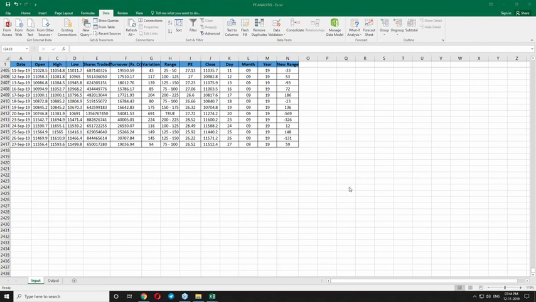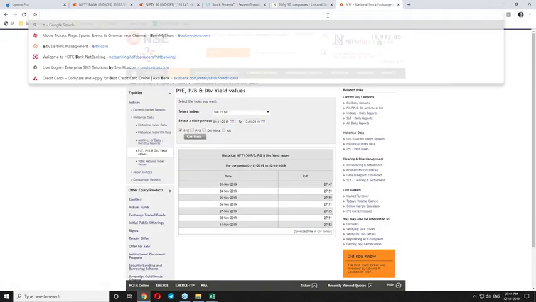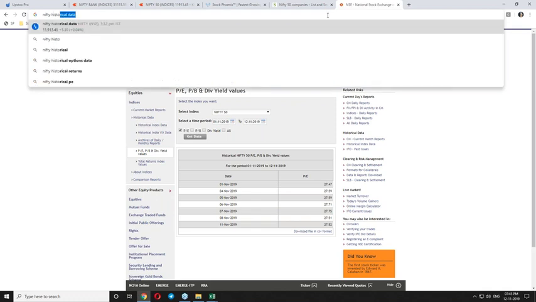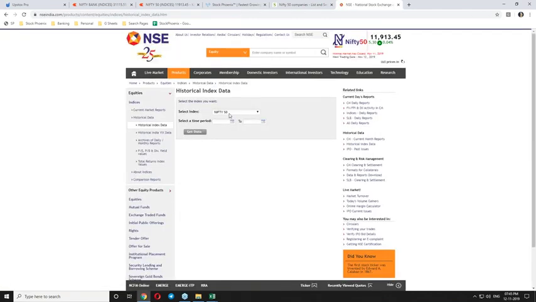Next, where can we get historical data of OHLC? Very simple, sir. You search Nifty historical data and get into the Nifty NSE site itself.